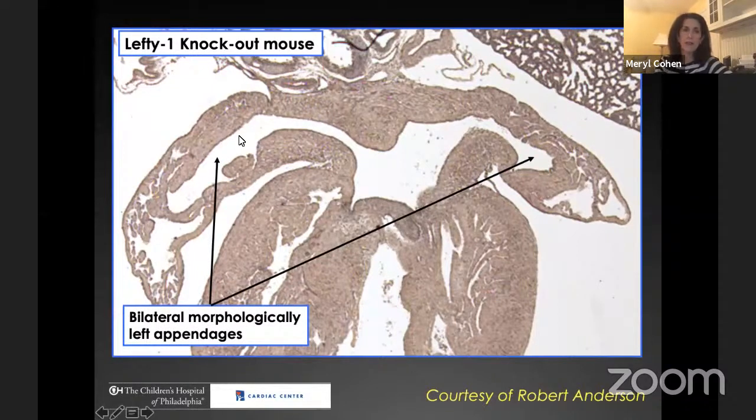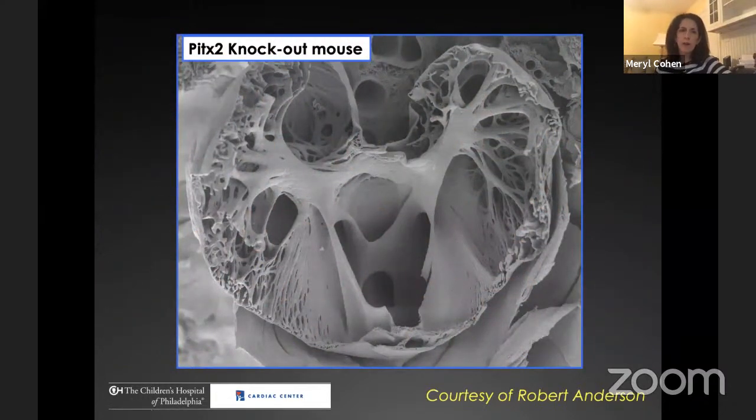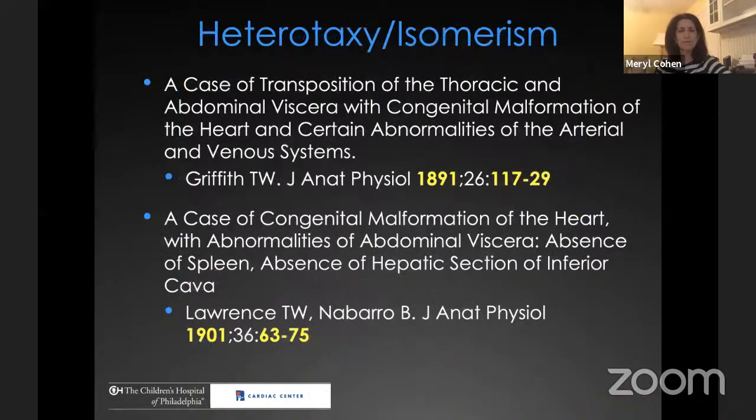You can see that they are narrow, that the pectinate muscles don't go all the way out into the atria, and they look the same as each other. Whereas here you have a PITX2 knockout mouse, where you see bilateral right atrial appendages. Now you see a more broad-waisted atrial appendage with pectinate muscles going all the way out into the atria, so typical, and mirror image, of course.